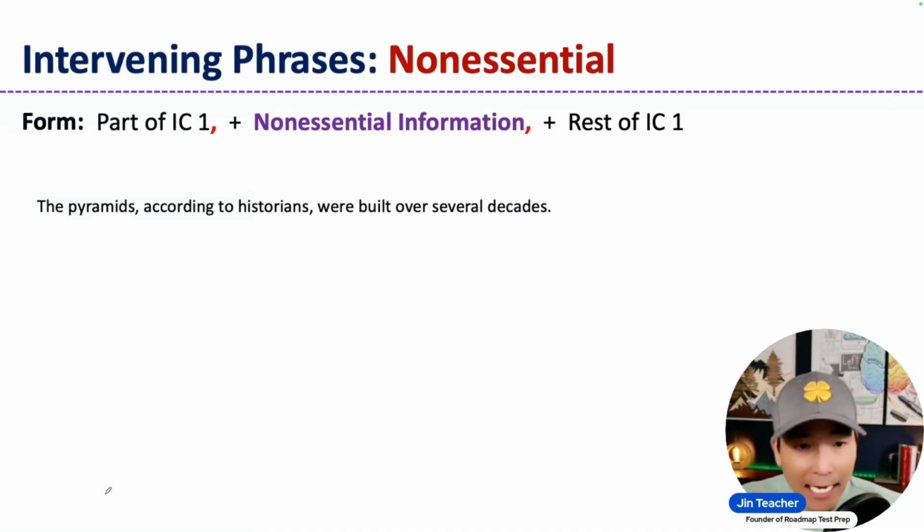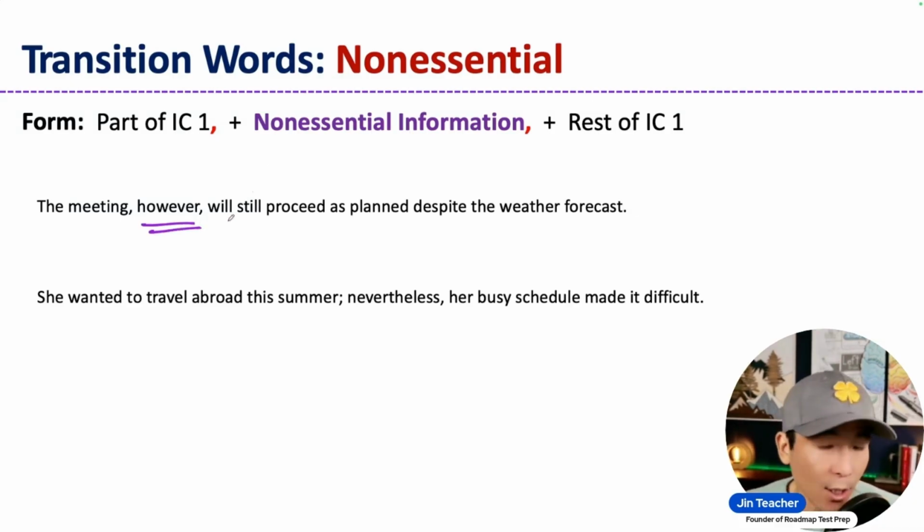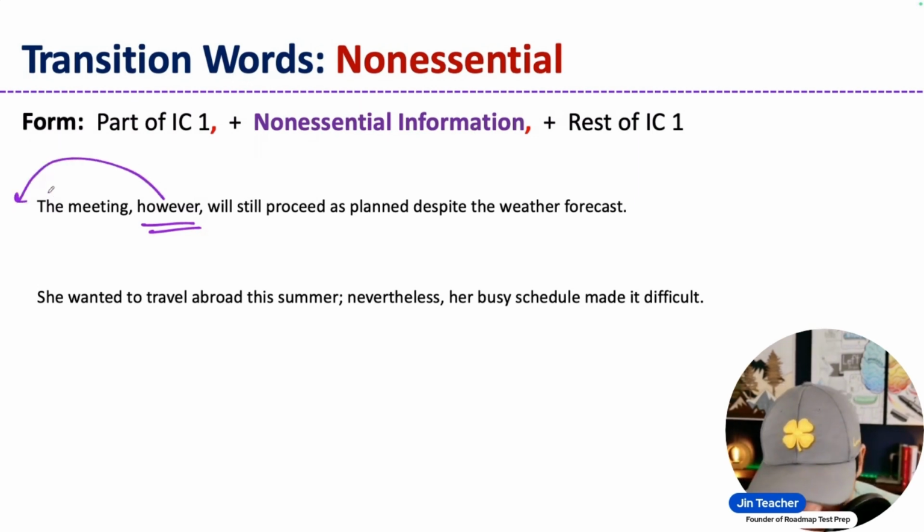So actually, let me jump back a little bit here. So guys, you know these transition words, right? Many students are not used to seeing these transition words inside of a sentence. Normally, where do you see these transition words? You normally see them at the beginning of a sentence, right? That's absolutely correct. These transition words are kind of flexible though.